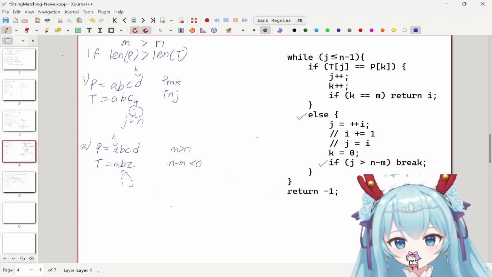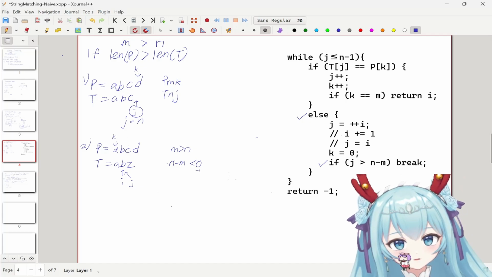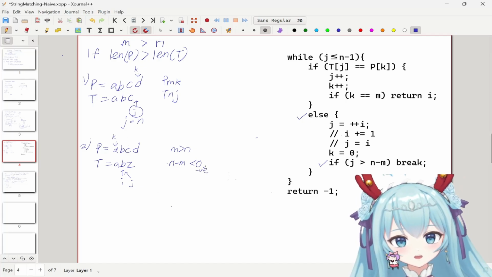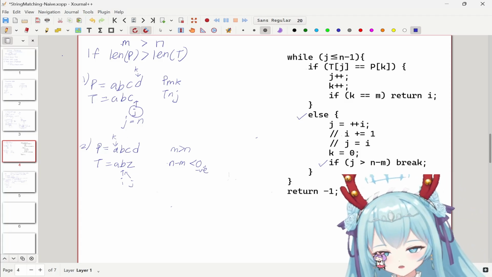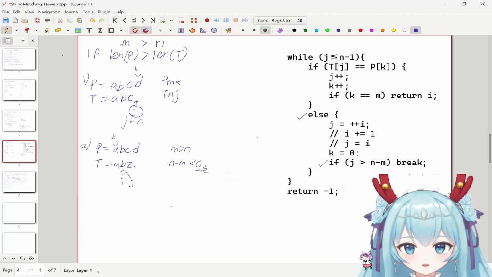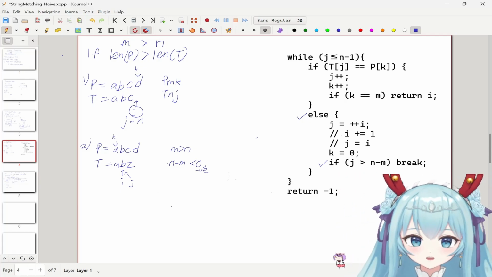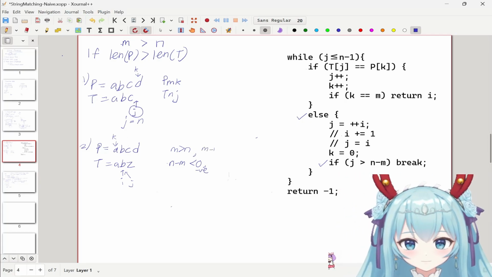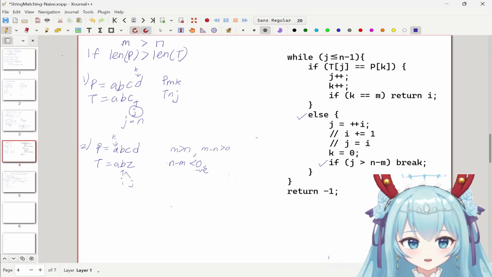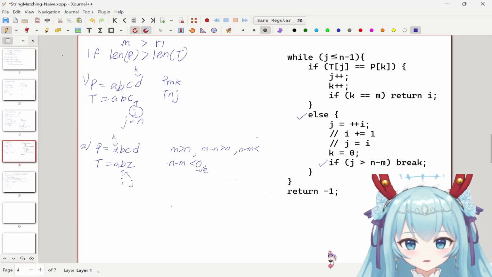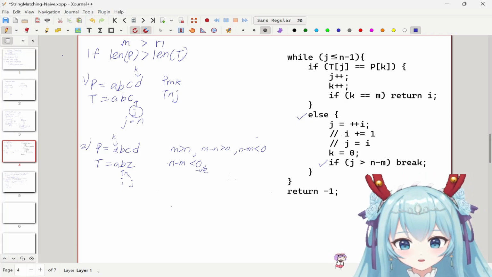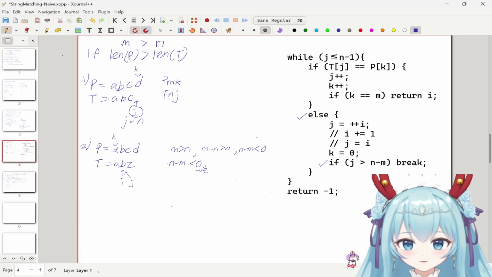In other words, N minus M will be negative. So when N minus M is negative, now let me solve here. M minus N greater than 0. If we multiply both sides by -1, we get this. So M minus N is lesser than 0.